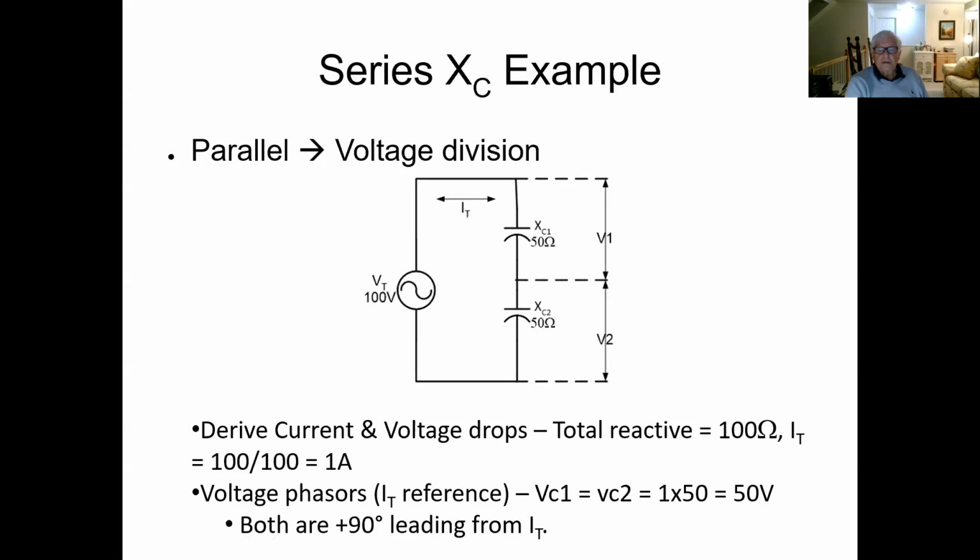So we get 1 amp again. 1 amp is going to go through both of those. And through each one of those, it's 1 amp times 50 ohms, or 50 volts. That is the voltage drop across capacitor 1 and across capacitor 2.